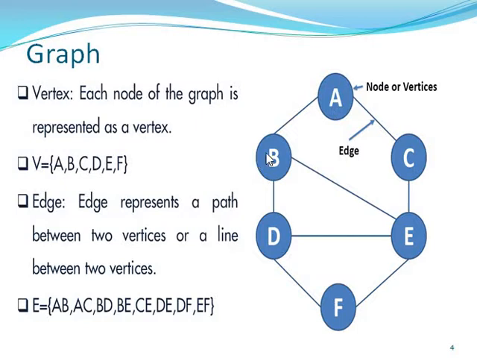AB is one edge because it connects two vertices. AC, then BE, BD, and all the connections, DF, EF, are denoted by the edges of the graph, E. So this is the graph information.